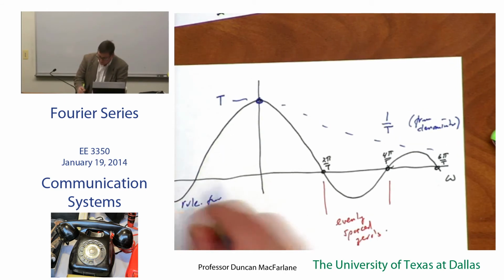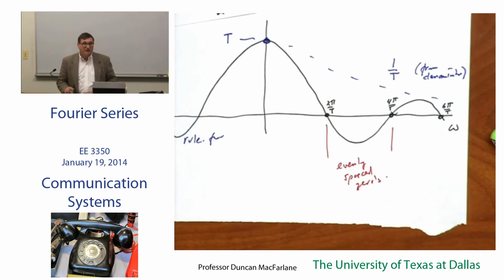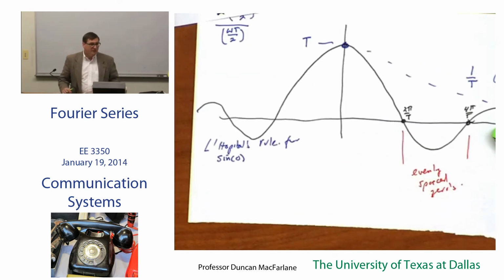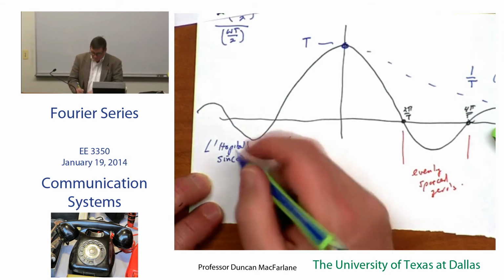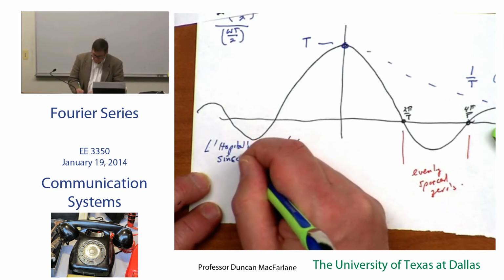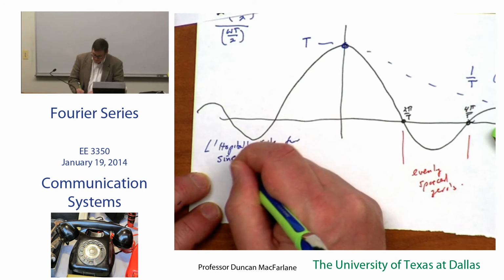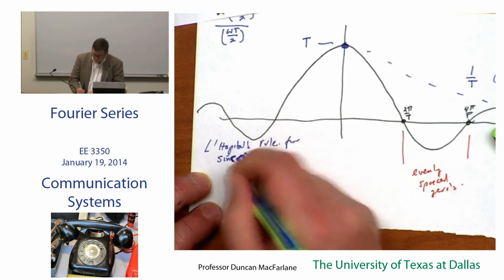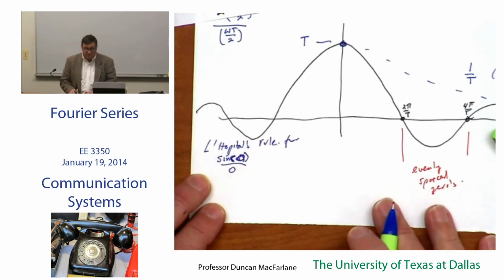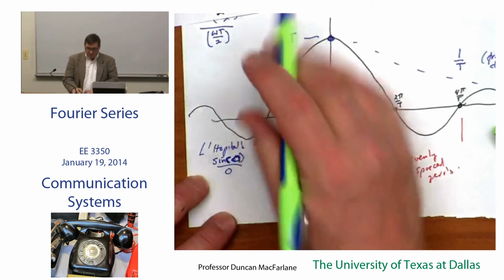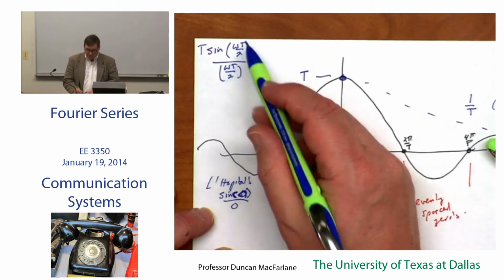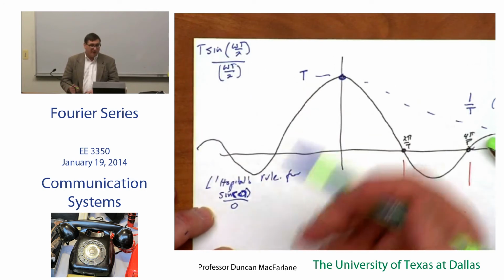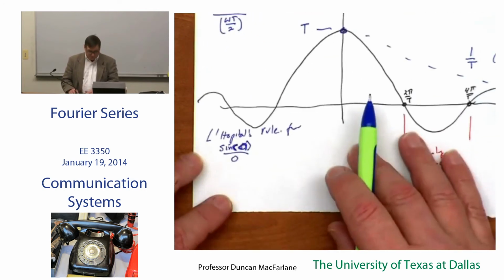Got it? So L'Hopital's rule for the sinc function. Let me just do this. Sine of 0 over 0. If I put in omega equals 0 here and omega equals 0 here, I have a sine of 0 over 0. Which one wins?